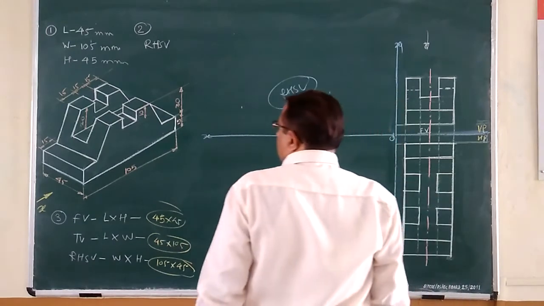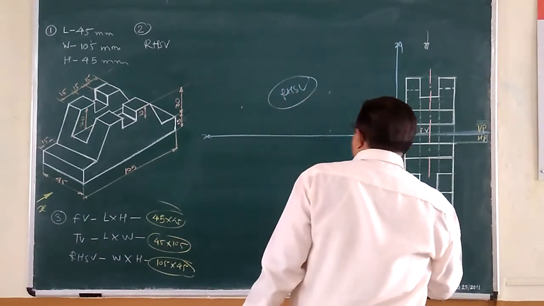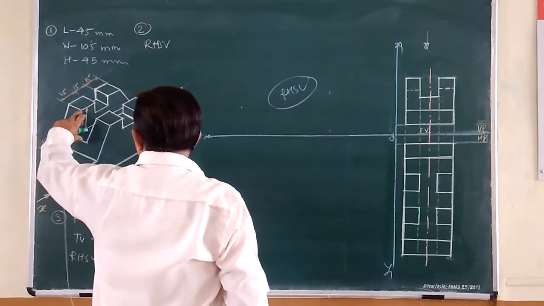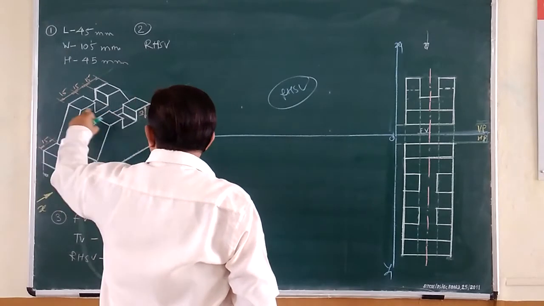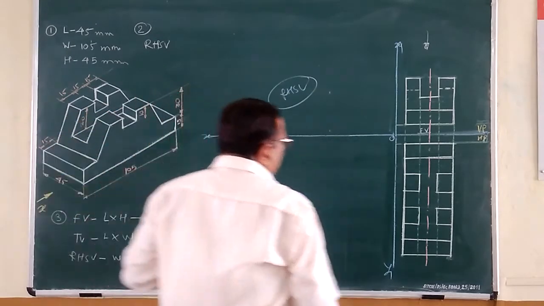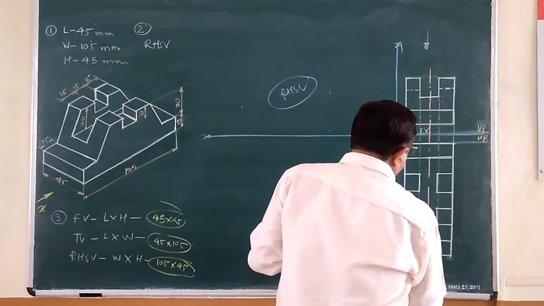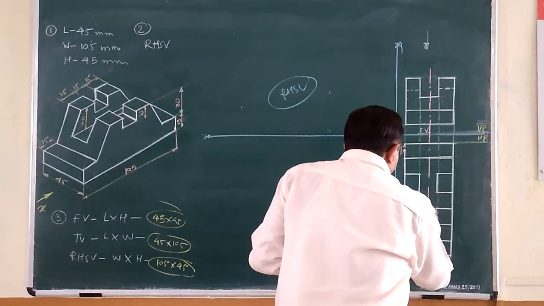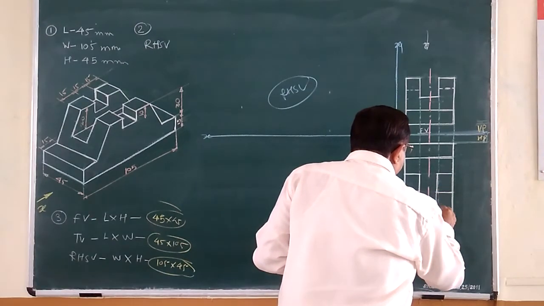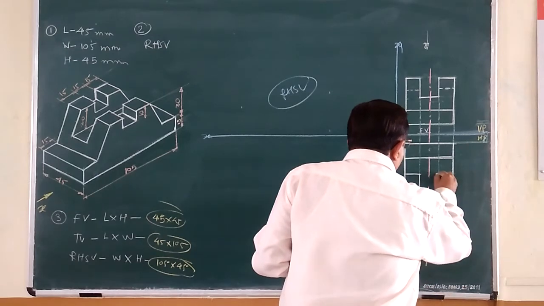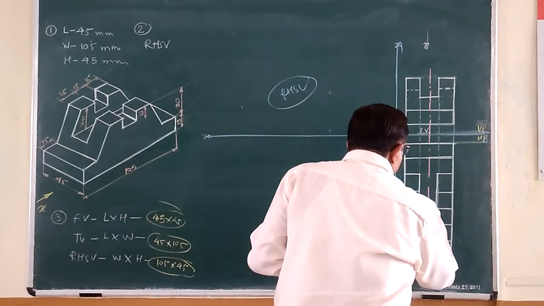After that, the depth of this slot is more compared to this. So naturally, these lines are to be created here. This should be connected here. This should be connected here. How long should we stretch those lines?